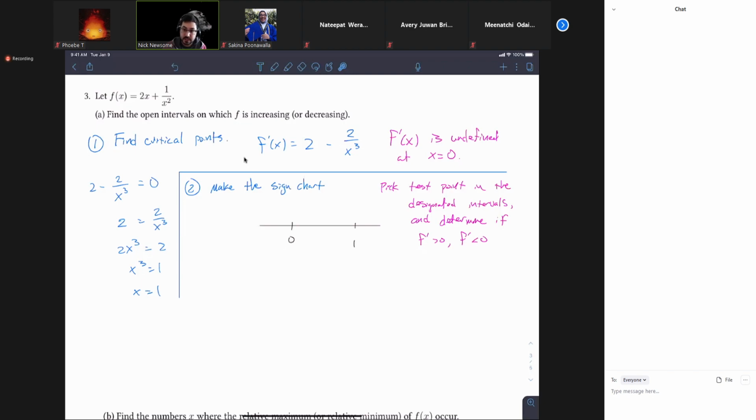So if I take something negative and I plug it into x cubed, it's going to be negative again. All right. So then I'm subtracting a negative. So altogether, that gives us a positive inside. All right, so a positive in the interval negative infinity to 0.